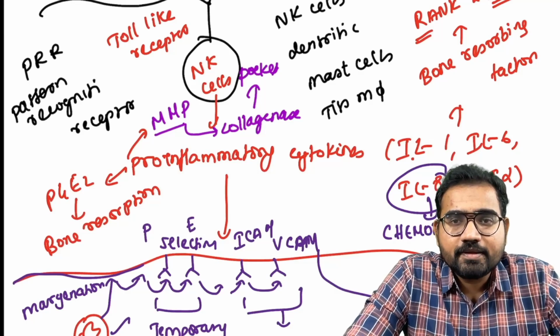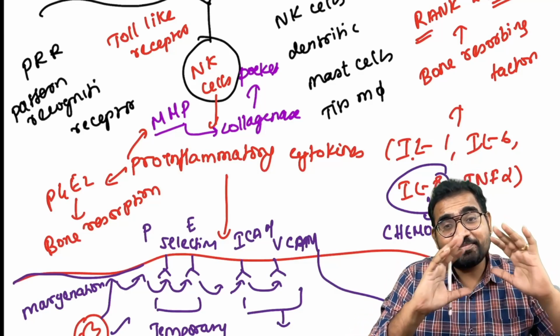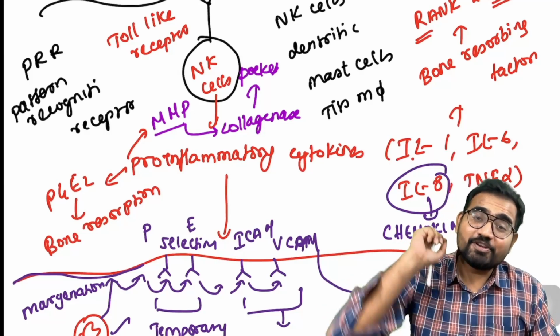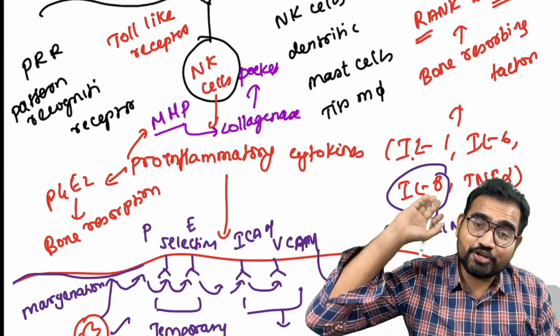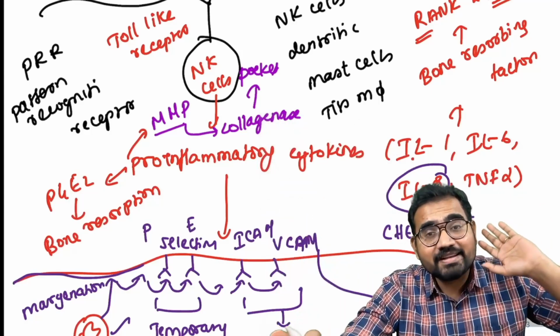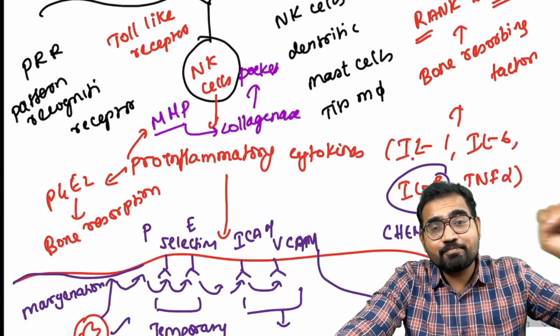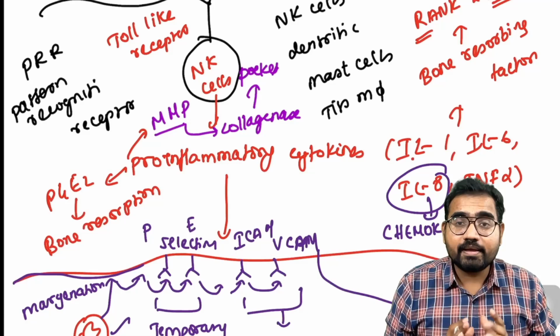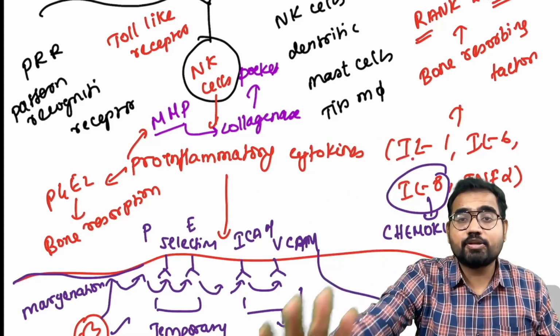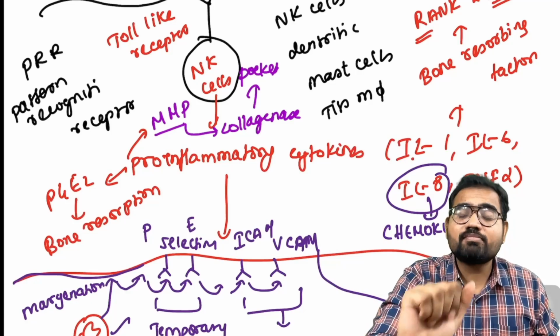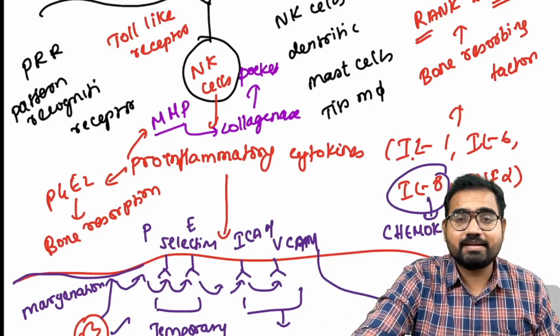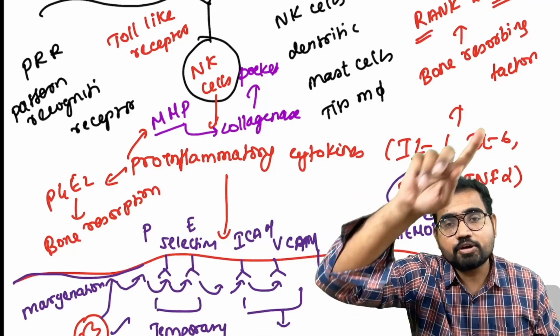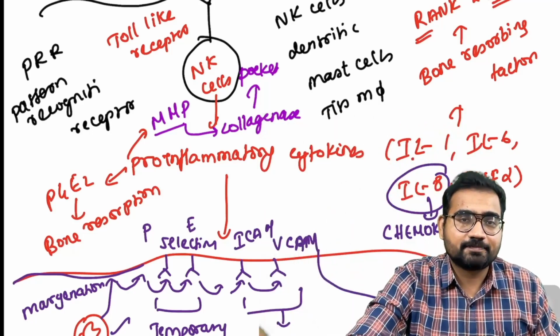So apart from good things, these pro-inflammatory cytokines also cause bone resorption and stimulate collagenase enzymes, leading to pocket formation. That is the reason why, when bacteria enter the periodontium, even though the body tries to kill the bacteria, there is bone resorption because of all these factors.